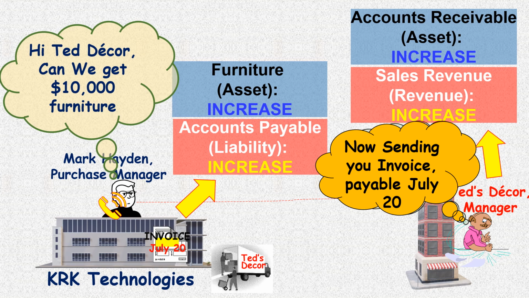The accountant at Ted Decors is not receiving cash immediately, so KRK will be a receivable for Ted's Decor. So they will debit account receivables and will credit sales revenue because a sale happened. So that is how account receivables are created.